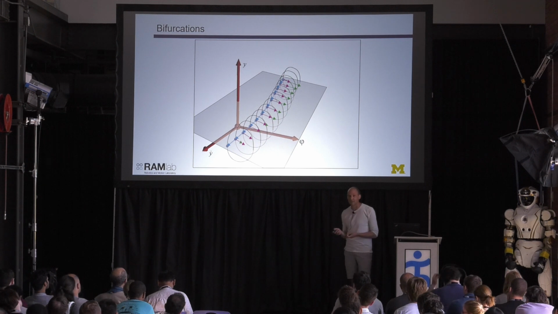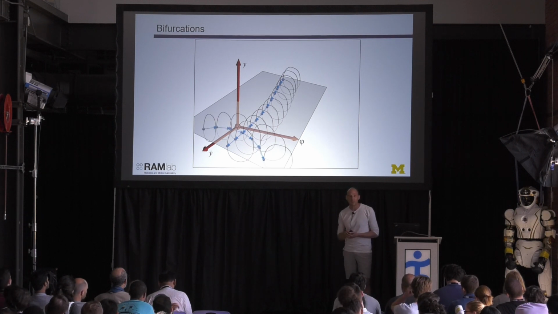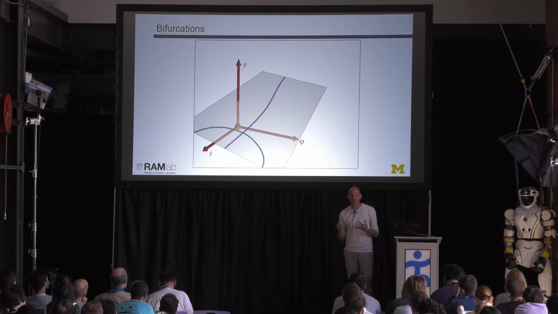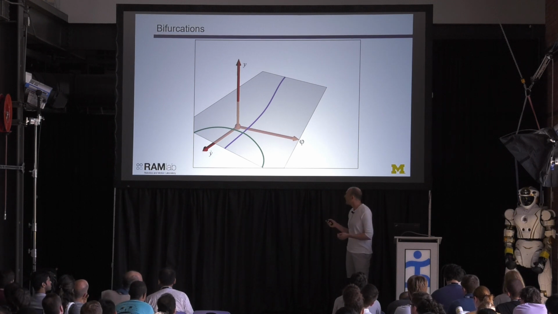For example, in this case, and now I have 2 eigenvalues of 1, meaning I can actually move in 2 directions, and I can branch off of this original branch of solutions here. And I just found a bifurcation. And you repeat the process over and over again, and what you essentially generate is a tree or a map of solutions that, starting from one original simple solution, branches out in the entire variety that you can find here.